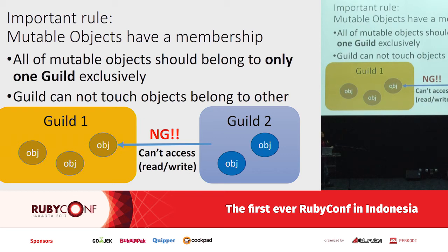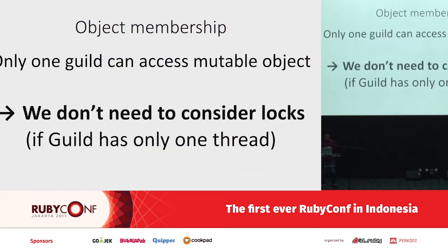This object belongs to guild 1, so guild 2 cannot access it. Only one guild can access a mutable object. It means that we don't need to consider locks, so we don't need to introduce any locks or synchronization features.